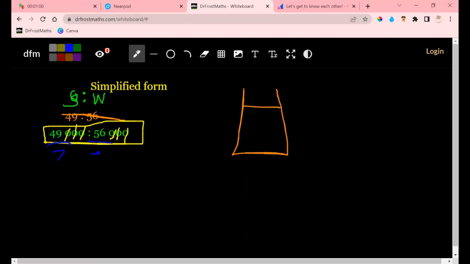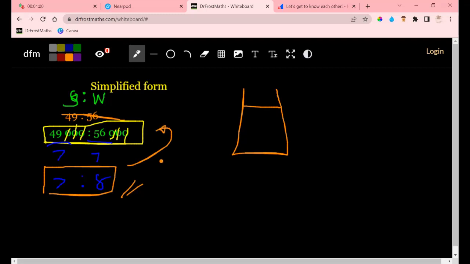If we divide both of these by 7, what are the answers? 7 times 7 is 49. Then 56 divided by 7 is 8. So the ratio is 7 to 8, right? This is how we get the simplified form of a certain ratio.